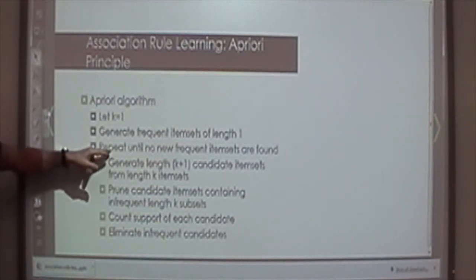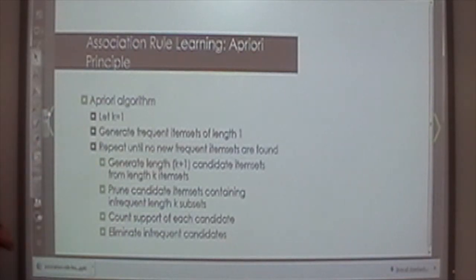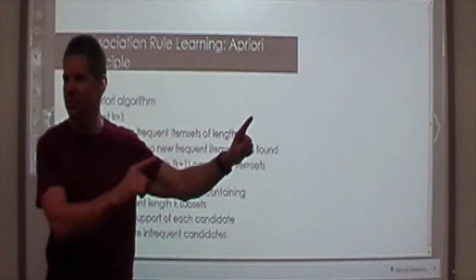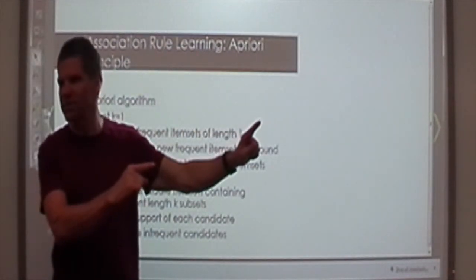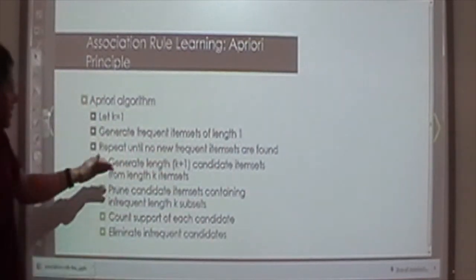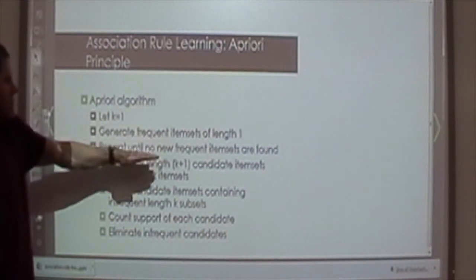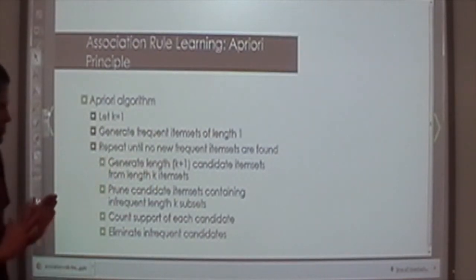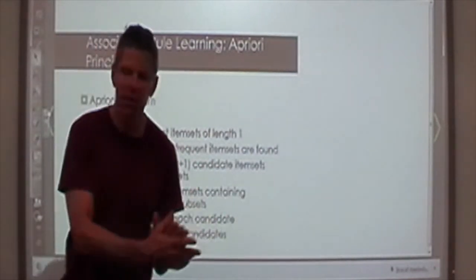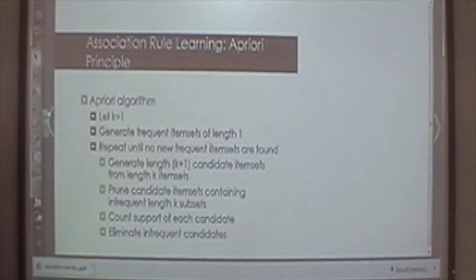Because right here, on the very first step, it says generate the next larger item sets. You have your k frequent item sets of length 1, and now you're generating those item sets of length 2, or you have your length 2 and you want to generate all the item sets of length 3.